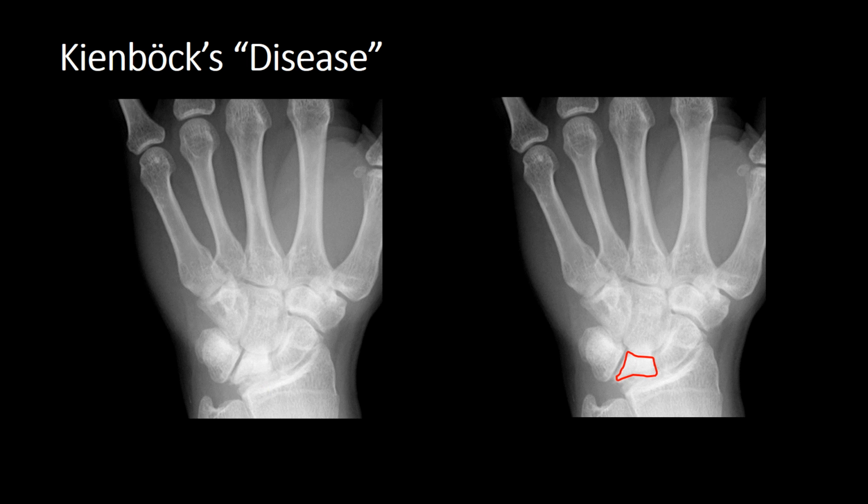If the head of the ulna is more distal to the distal radial articular surface, you have a positive ulnar variance. But here with this patient, we can see that the head of the ulna is more proximal to the distal radial articular surface, indicating that there's negative ulnar variance. And these patients with negative ulnar variance have a much higher risk of Kienböck's.